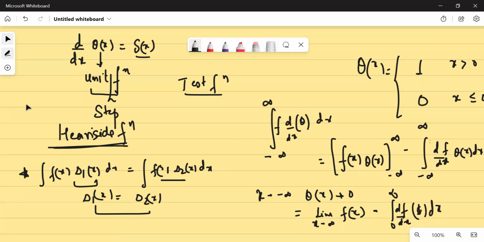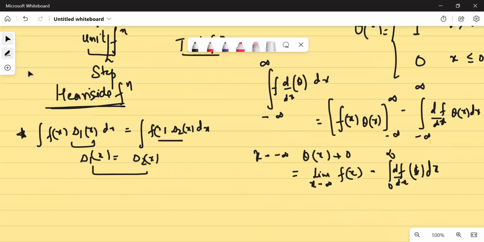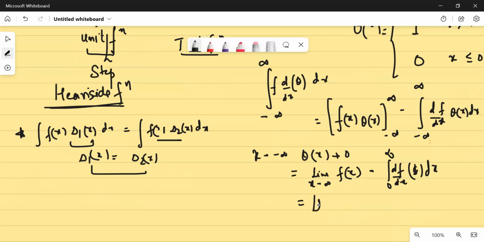So it becomes the limit x tends to infinity of f of x, minus the integral of df upon dx, which again becomes limit x tends to infinity f of x minus f of 0.